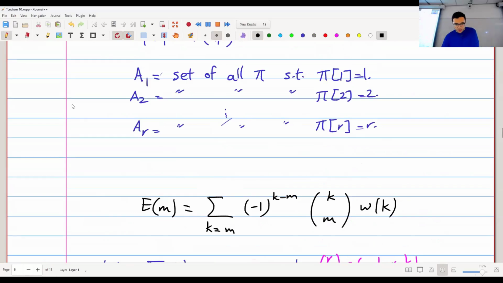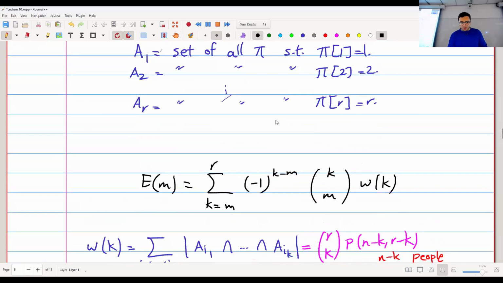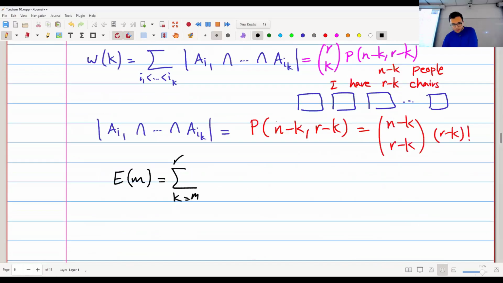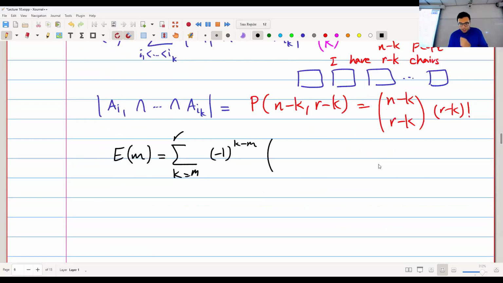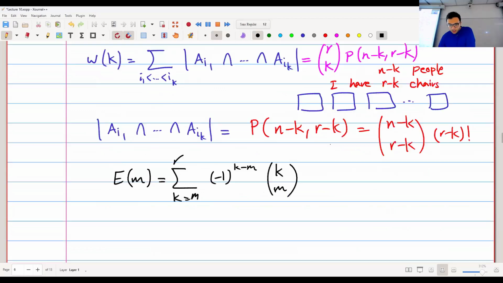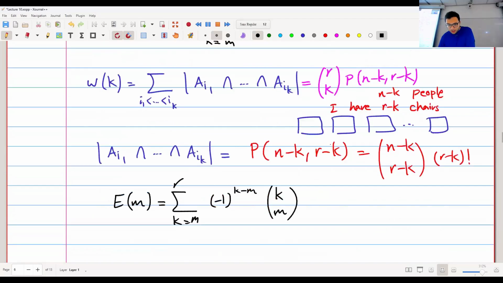Then this thing, (-1) to the power of k minus m, and k choose m, omega k. So k choose m, and then omega k was this one: r choose k, and then P of n minus k, r minus k. Okay, this is my answer.